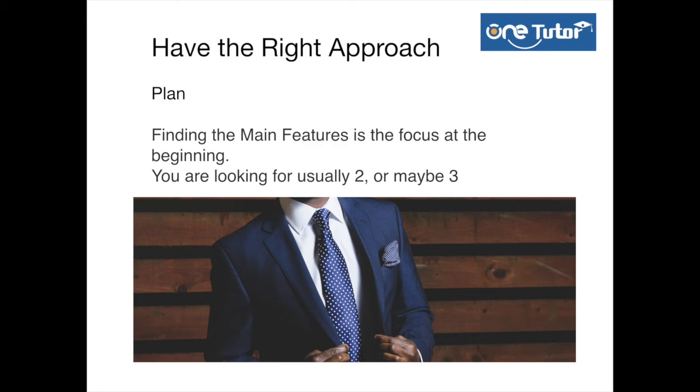So you've learned the right approach and how to plan things properly, which is the best and most professional approach you can have. And that's basically finding those main features, because that is the focus at the beginning. And you're usually looking for two or sometimes three main features.